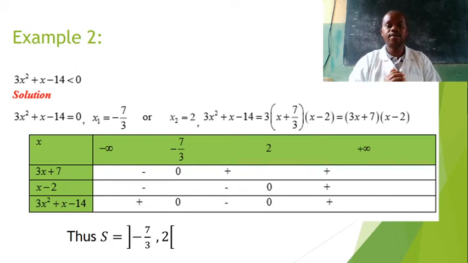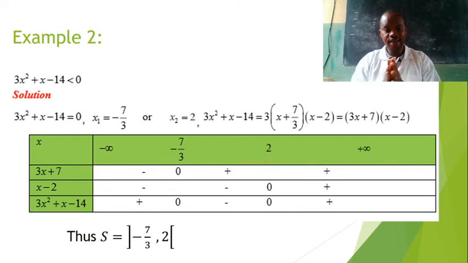And when x is equal to 2, x minus 2 will be equal to 0. And when x is equal to minus 7 over 3 or x is equal to 2, 3x squared plus x minus 14 will be equal to 0. If you want, you can replace x by these values in 3x squared plus x minus 14, and you will find that it gives you 0.